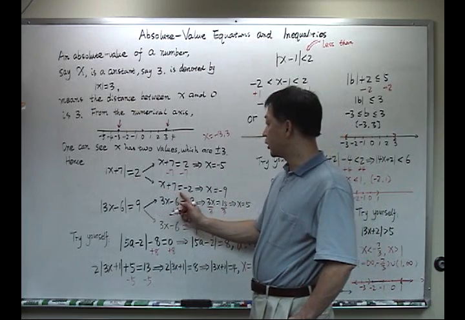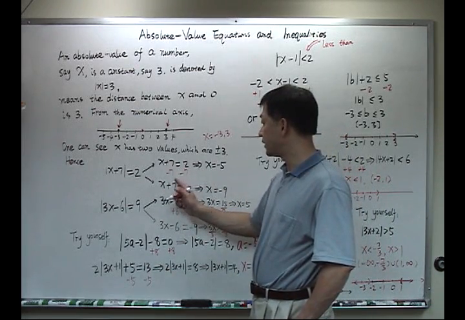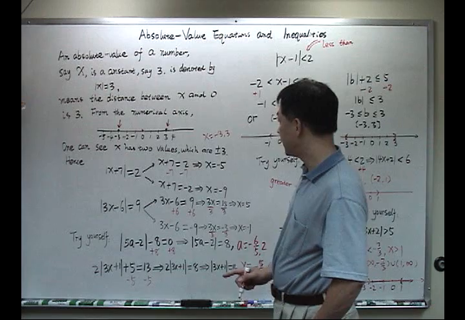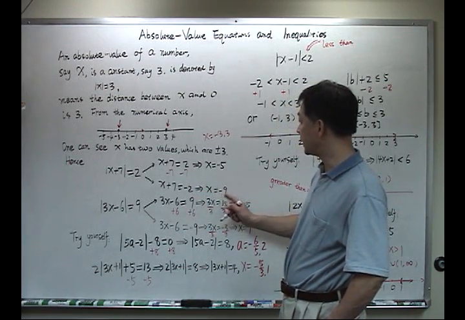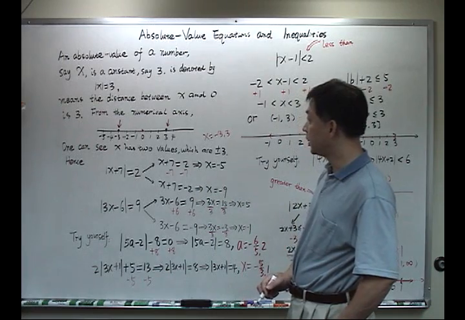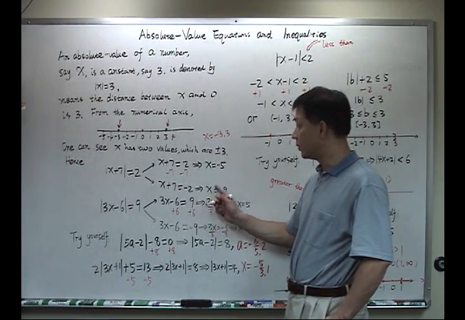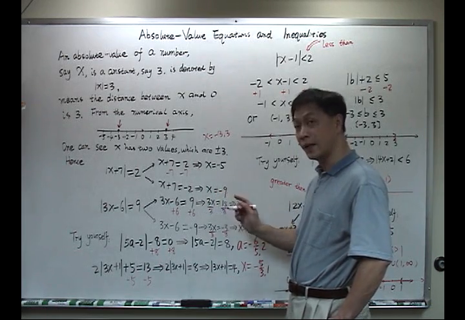Then x plus 7 equals negative 2. Subtract 7 from both sides, so the positive and negative 7 cancel, and you have negative 2 minus 7, which gives us negative 9. So in this case, x has two values: negative 5 and negative 9.